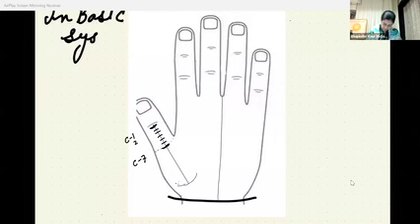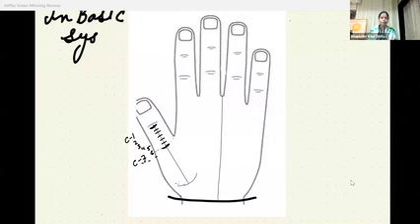C1, C2, C3, C4, C5, C6, C7. So if you see a medical report, you can clearly find out this vertebra.